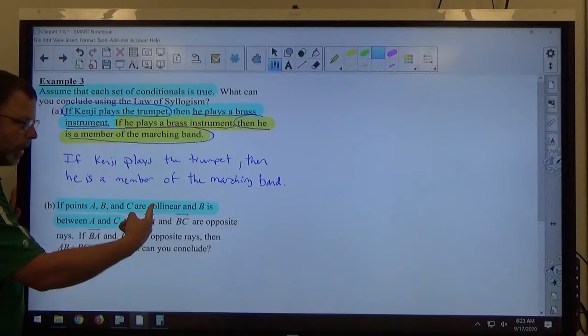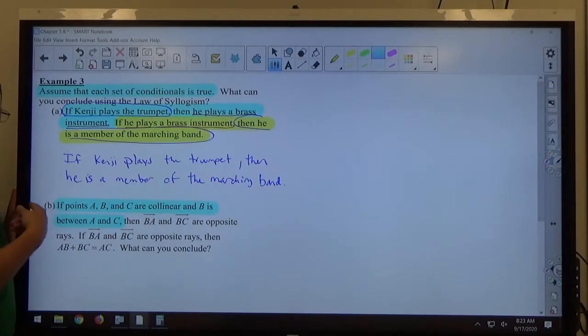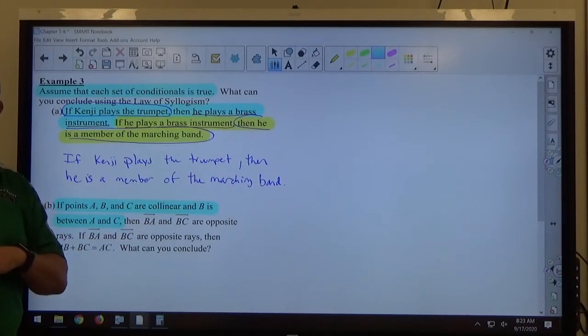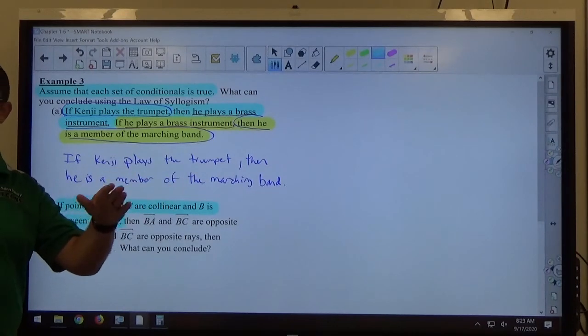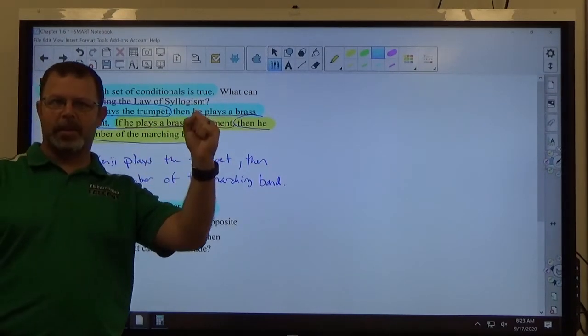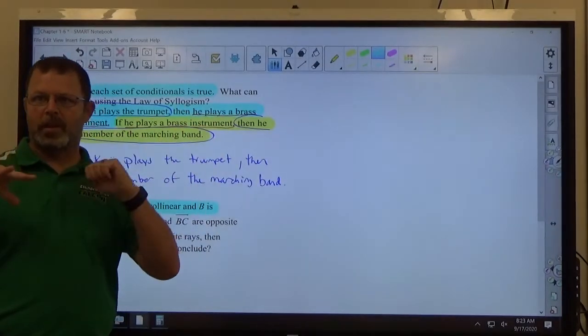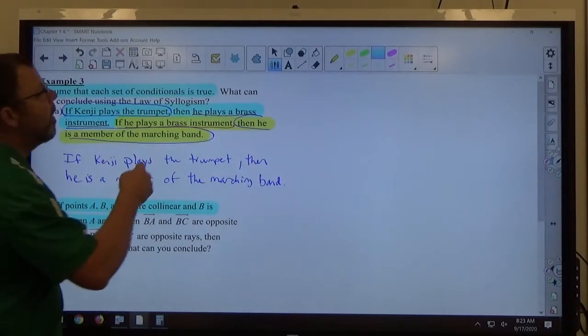A, B, and C are collinear and B is between A and C. All right, what does that look like? A, B, and C are collinear, what does that mean? They're all on the same line. On the same line, that's what collinear means. So A, B, and C are all on the same line, and B is between A and C, so I'm expecting an A and a C and B somewhere between on this line segment, right? So that's what that's describing.